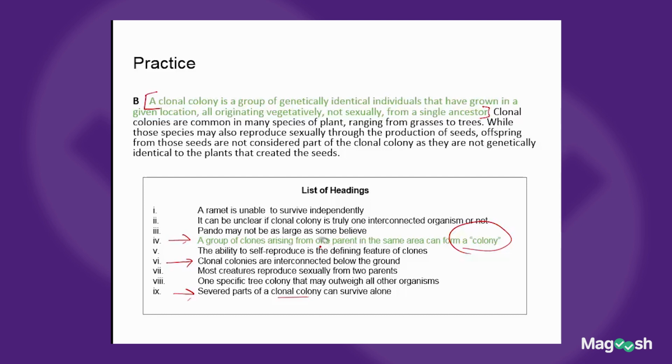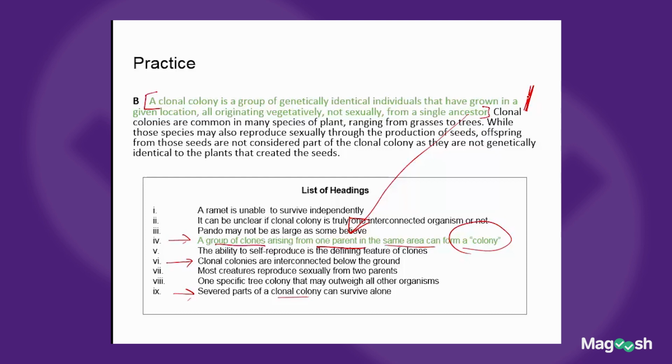There is this idea of parent, and that connects to this not a synonym, but kind of a paraphrase way of saying ancestor. And we have this information about how a group of clones is in the same area. They've come from the same parent. All of that information is found up here in the topic sentence, making 4 the best answer for B.